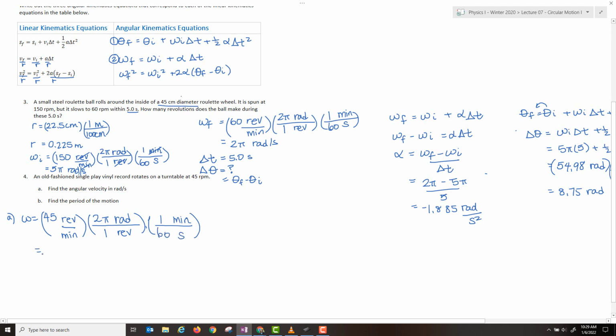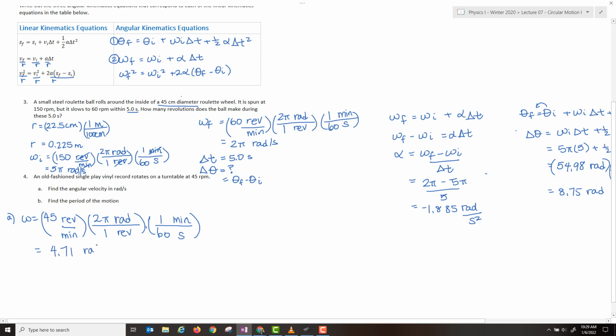And now I can just type this onto my calculator. I'm going to type in the actual value for pi so that I get a numerical answer without pi in there. So I have 45 times 2 pi times 1 and then divided by 60. And I get approximately 4.71.